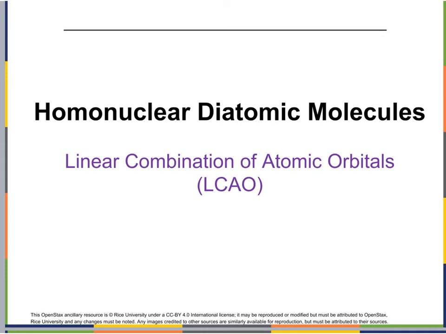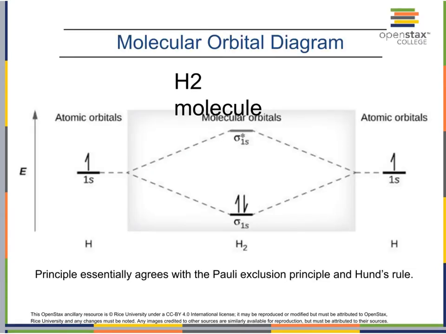Okay, so let's look at the ways in which we combine these things. And the way in which we combine these is called linear combination of atomic orbitals, or the LCAO method. Right? So the LCAO method says, let's take the easiest molecule.